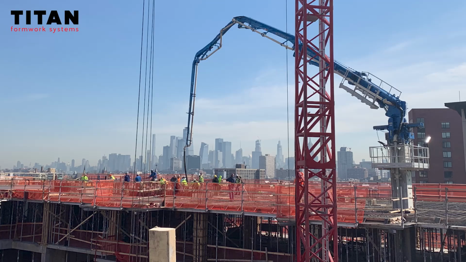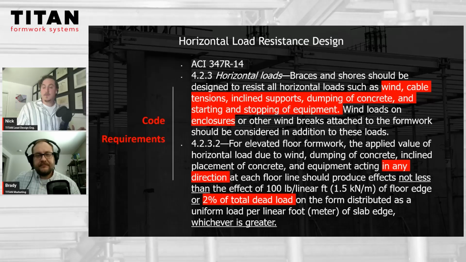The code requirements are that the shoring system must be designed to support 2% of the total concrete dead load. That's distributed as a uniform load per linear foot of slab edge. So those are the typical loads that need to be considered by an engineer when generating a shoring design, typically.